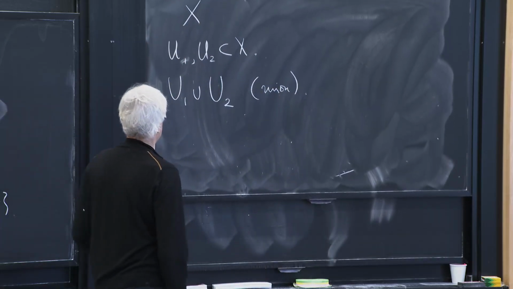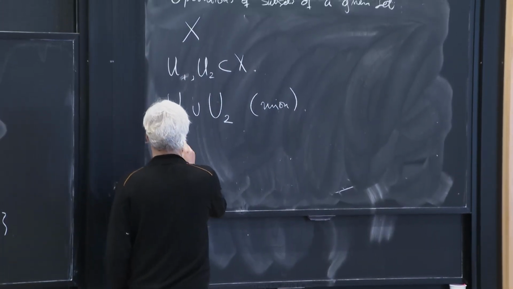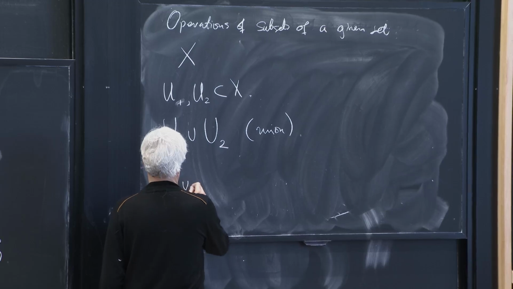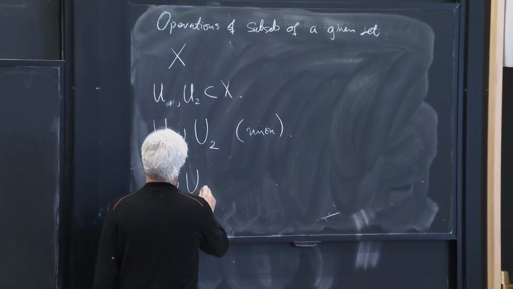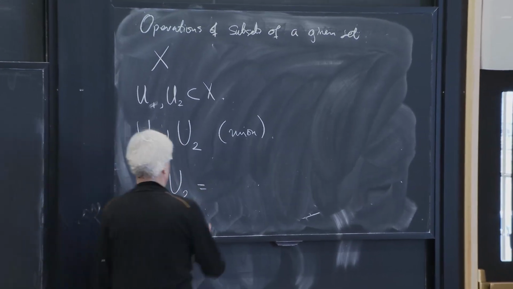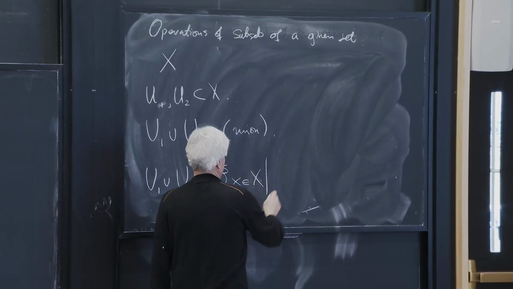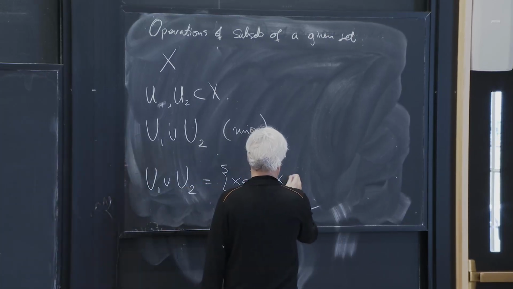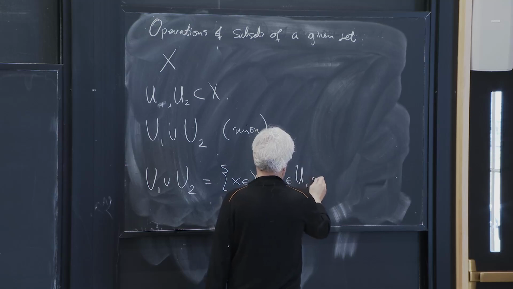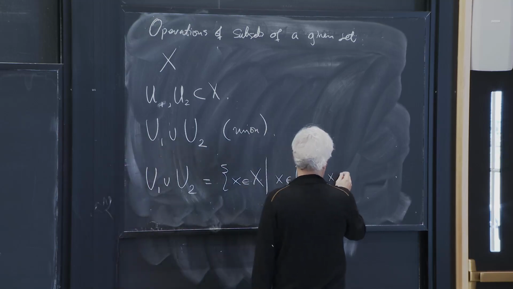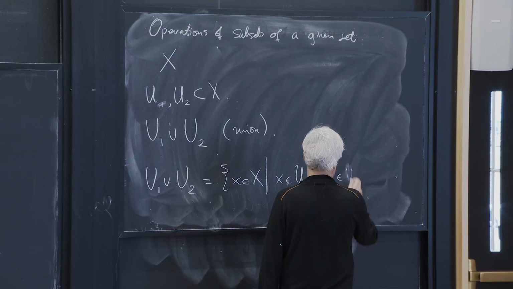And the union here of two sets. So the union, and again I denote it like this, cup. These are the elements in X such that X is in U1 or X is in U2 or both.